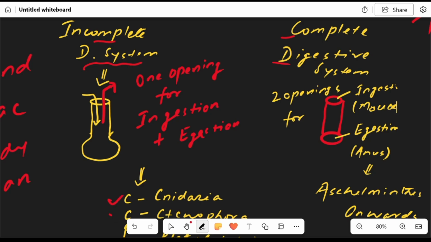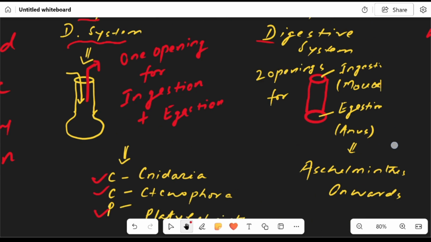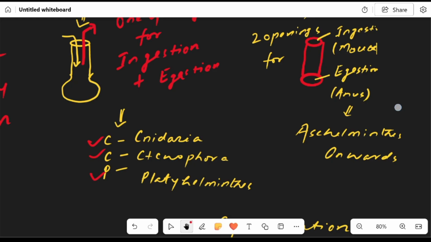Examples: Cnidaria, Ctenophora, and Platyhelminthes. The complete digestive system has two openings, one for taking food, the mouth, and one for egestion, taking waste products out of the body. Example: Aschelminthes and onwards.